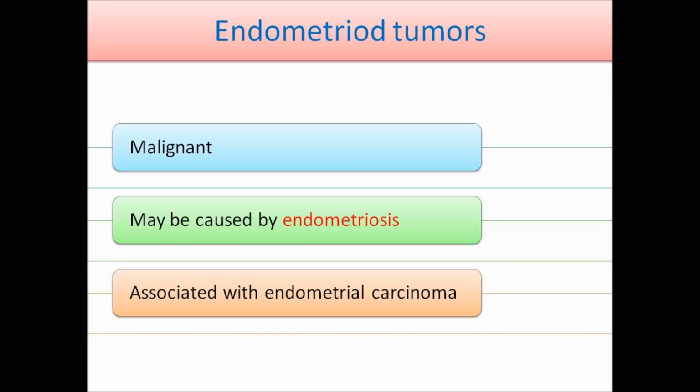This is known as endometriosis, which is the formation of endometrioid tissue outside the uterus or outside the endometrium. This is the cause of endometrioid tumor, endometriosis.